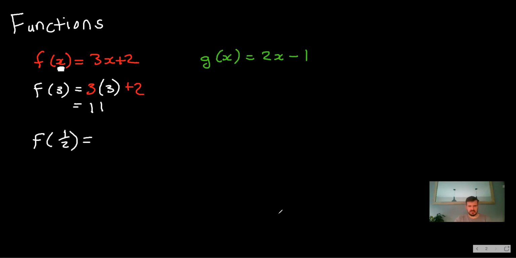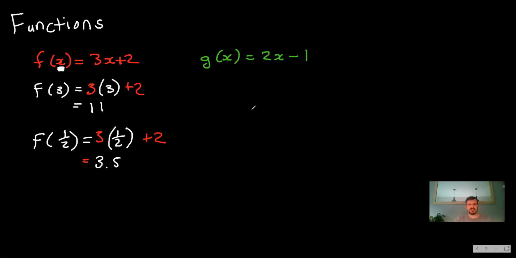It doesn't mean it's any more complicated. It just means, instead of x, I'm going to put a half. So it's going to be 3 times a half, which is 1,5, plus 2, which is 3,5. Perfect. Excellent. So you've got that.